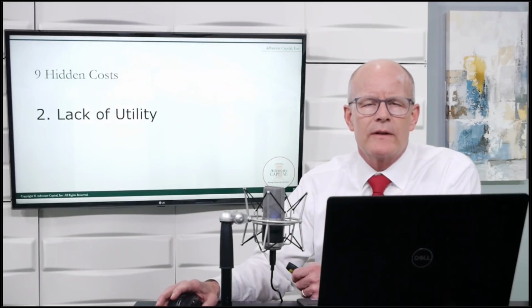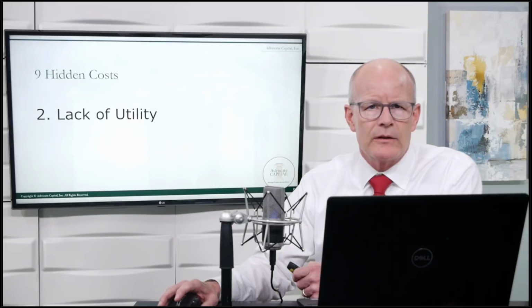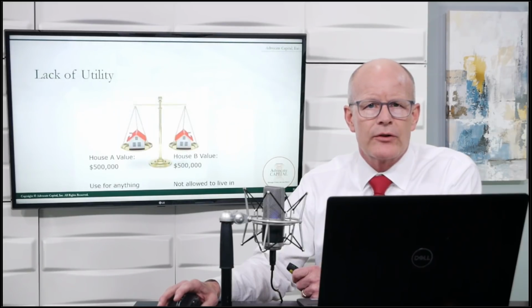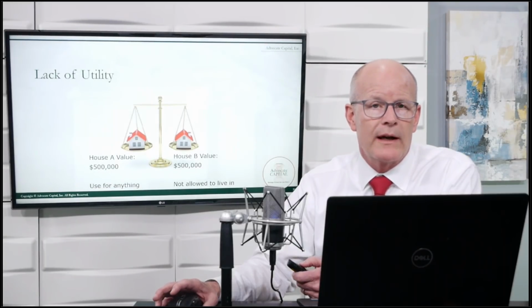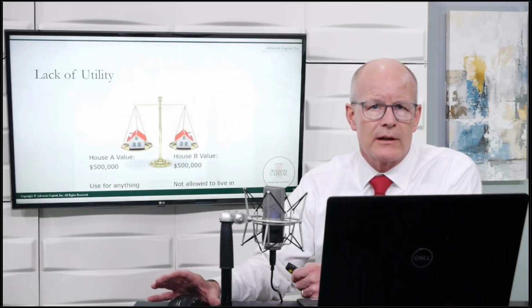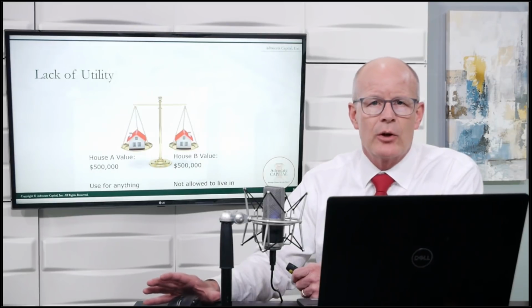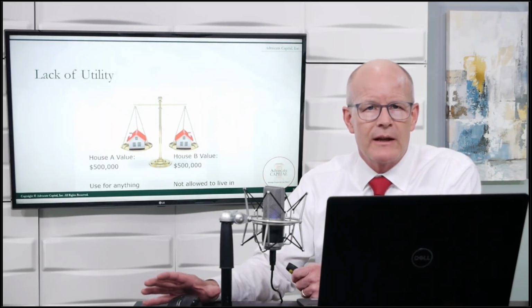Next is lack of utility. So lack of utility of an asset refers to your ability to use it for something. And in this example, if you had two houses, House A and House B, and they're both worth $500,000, and House A, you can do anything you want with it. You can live in it, you can rent it, you can sell it, you can leverage it, whatever you want to do. But House B, you can only own it. You're not allowed to live in it or do anything else with it.